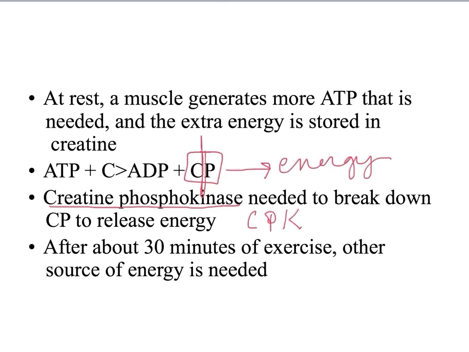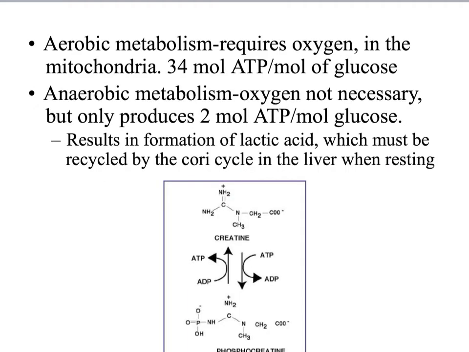After about a half hour of sustained exercise, your body will have depleted the storage of energy that it had saved up in the creatine phosphate, and your body's going to have to find some other form, or some other supply, I should say, of ATP. That's when the glycolysis and the oxidative metabolism is going to come into play that we mentioned earlier.